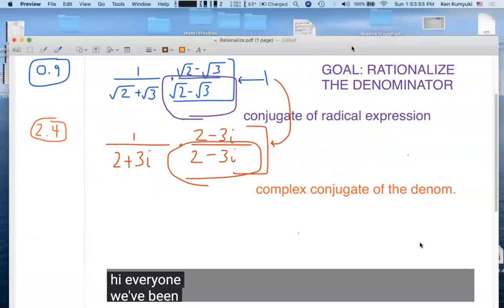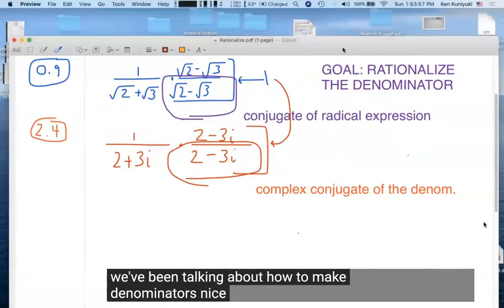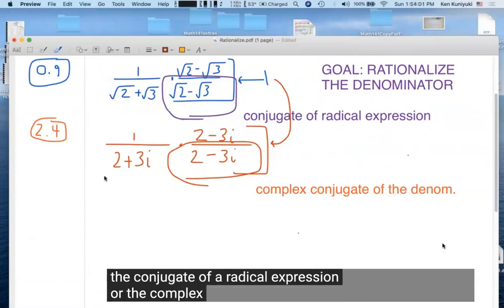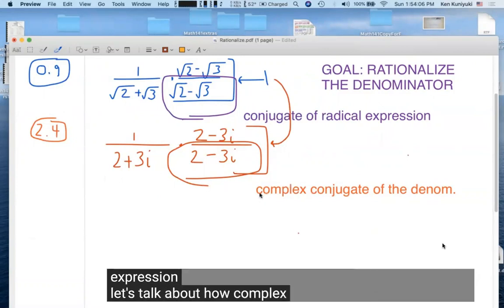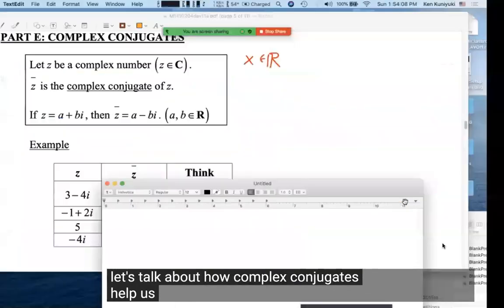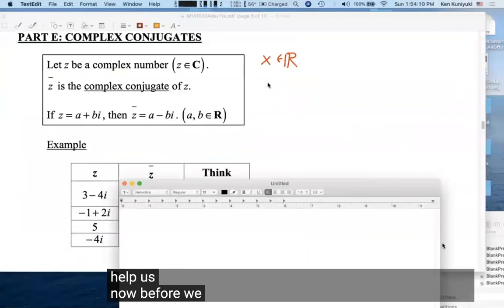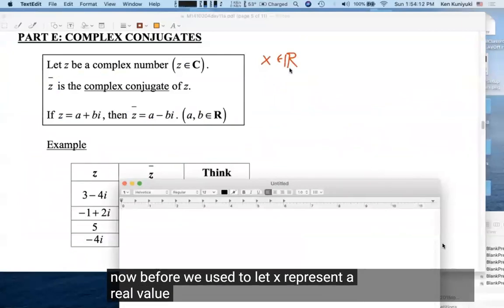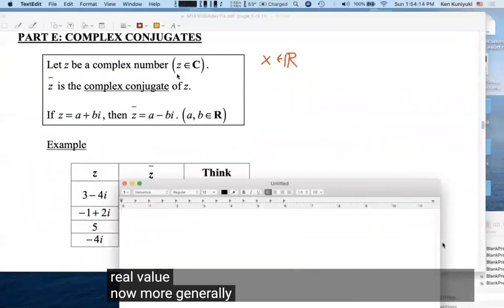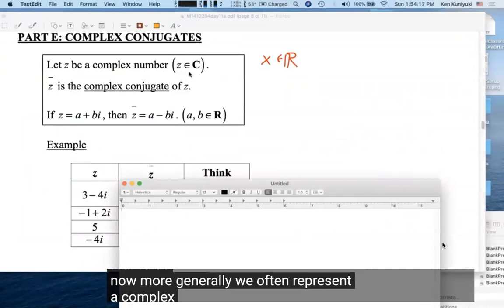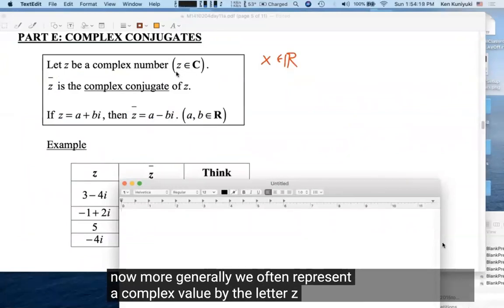Hi, everyone. We've been talking about how to make denominators nice, whether it's by taking the conjugate of a radical expression or the complex conjugate of an imaginary expression. Let's talk about how complex conjugates help us. Now, before, we used to let x represent a real value. Now, more generally, we often represent a complex value by the letter z.